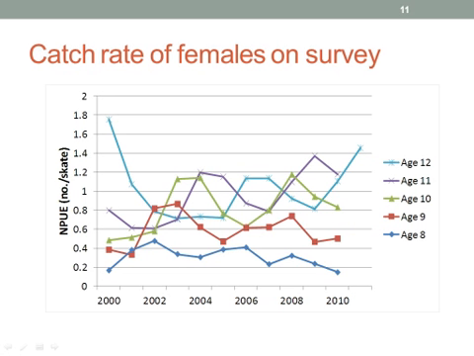And this is a key to probably what we more discussions about what drives selectivity to the gear, both on our survey and in the commercial fishery. These are the catch rates for 8, 9, 10, 11, 12-year-old females since 2000 on our survey. So the low one is the average number of age 8 halibut, female halibut caught per skate.